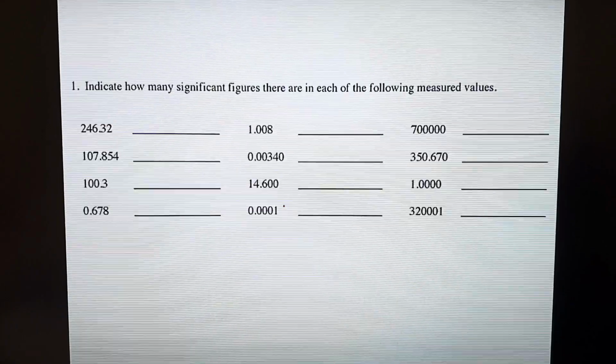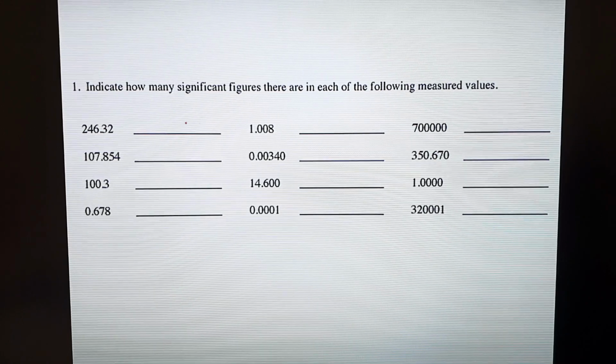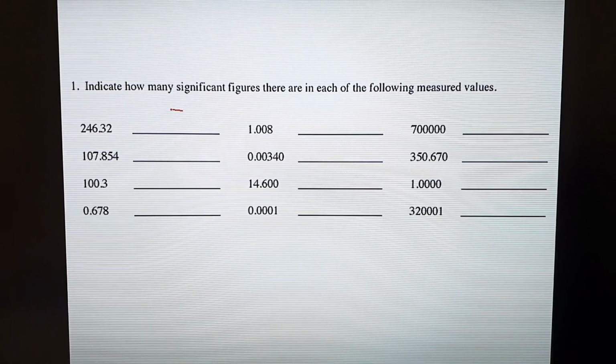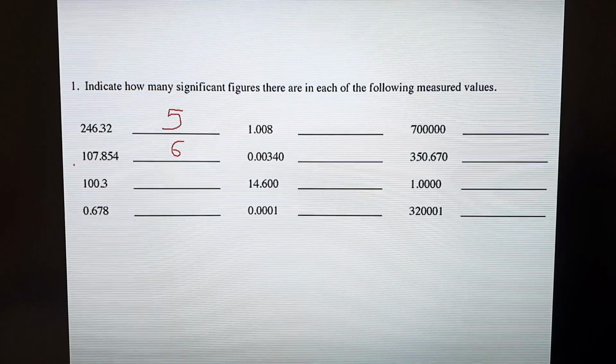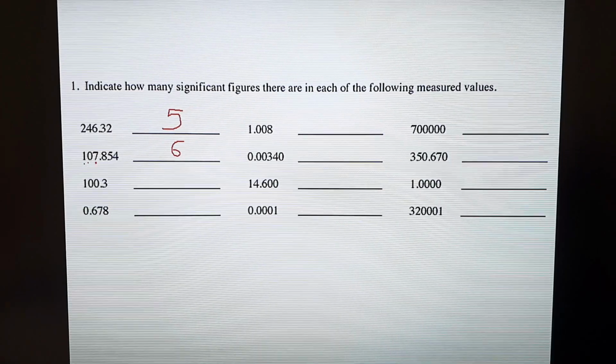So let's see if you can work out how many significant figures there are in these values. So here, it's quite easy. As long as you're not a 0, you're considered significant, okay? And over here, there are 6 significant figures. Now, any zeros in between numbers are considered significant. So we start counting from the first non-zero digit, which is 1, and we count every number after that. Okay, so there's 6.